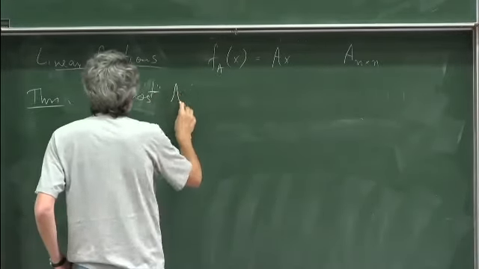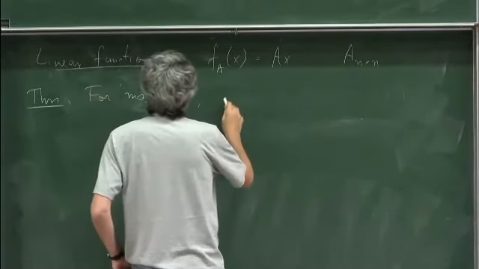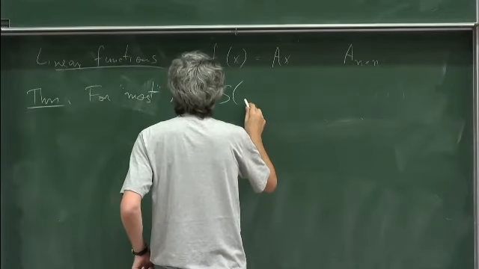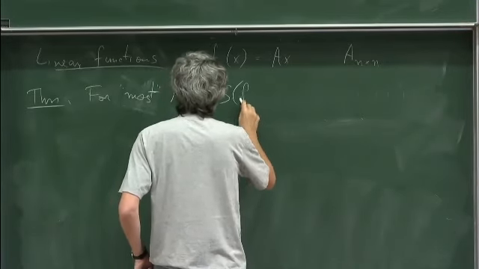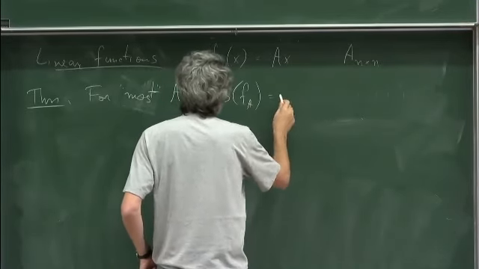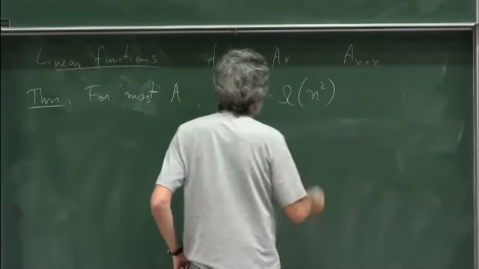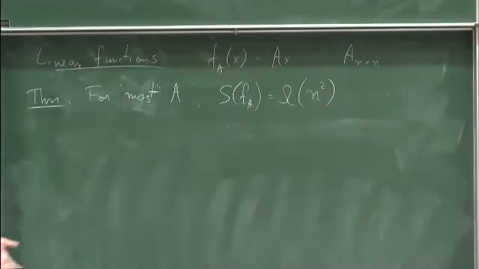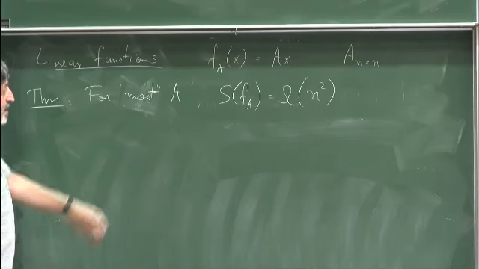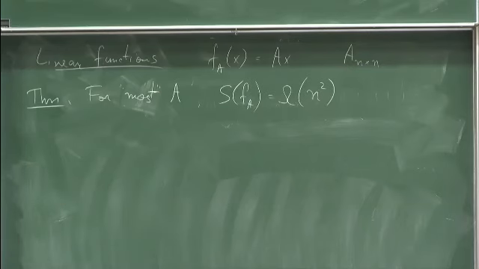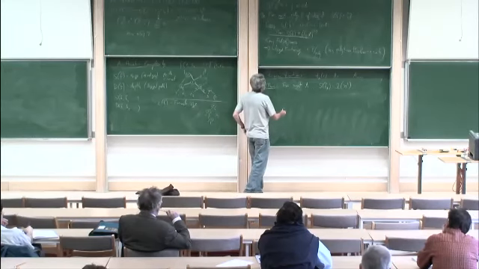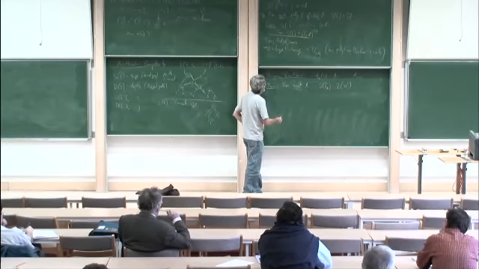For most matrices A, the complexity of f_A is, well, it depends on the field, but over large fields it's n squared. So the best you can do is just compute the inner products one by one. And again, the question is, what are explicit hard matrices?